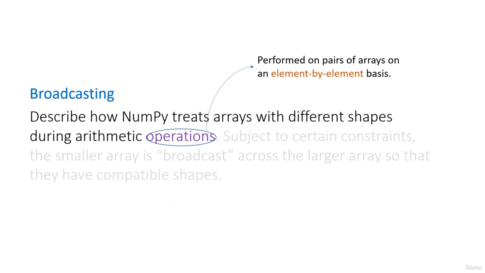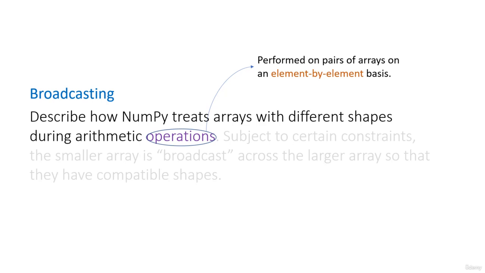Now that we have understood broadcasting, specifically when we use arrays and scalars, we can go back to the broadcasting definition. This describes how NumPy treats arrays with different shapes during arithmetic operations, and these arithmetic operations are performed element-wise. So one element and the other element.